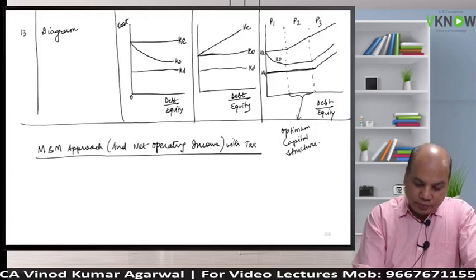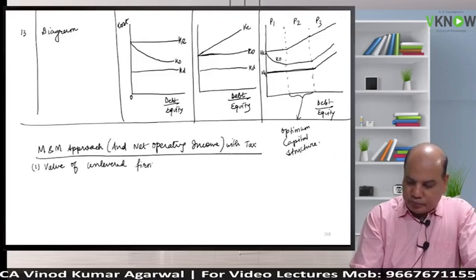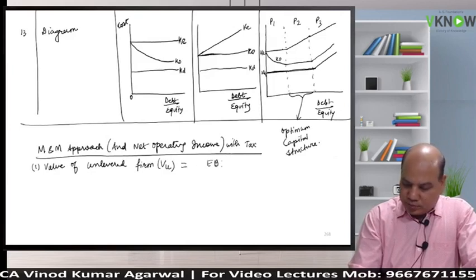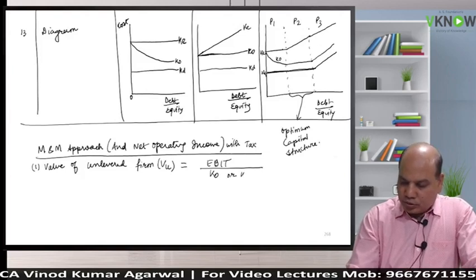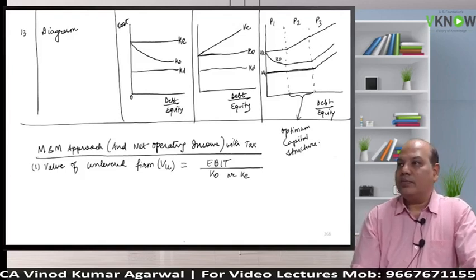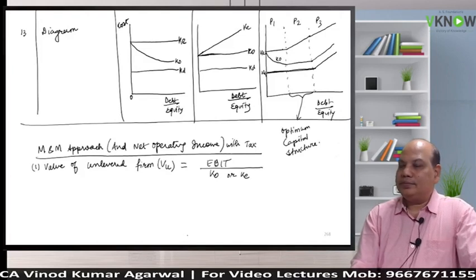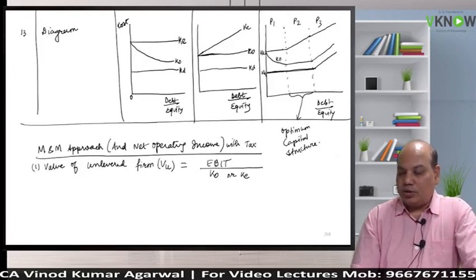So here first we'll find value of unlevered firm, VU is equal to EBIT upon KO or KE, right? KO or KE will be the same for an unlevered firm. Unlevered firm does not use debt, it is a 100% equity firm.